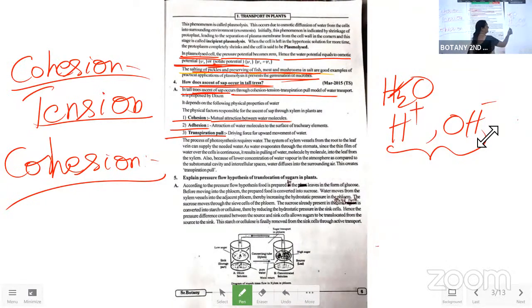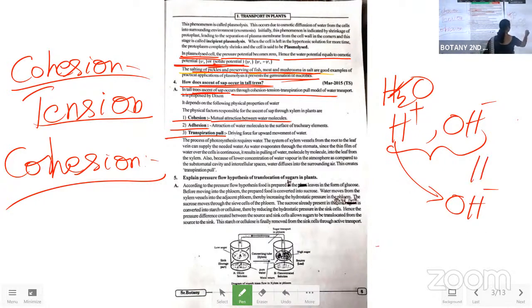Same thing here. There is no attraction between the H plus and the OH minus of the same molecule. The H plus ions will be attracted towards the OH minus ions formed by another water molecule. That's the one. Water will keep on moving.